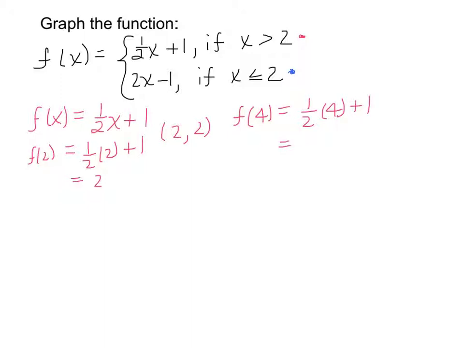So half of 4 is 2. 2 plus 1 is 3. So my next point is 4, 3. And then I'll graph. Now, very important, when we plugged in the first one, 2, 2, the 2 is not included.